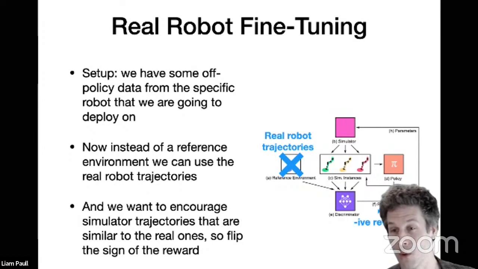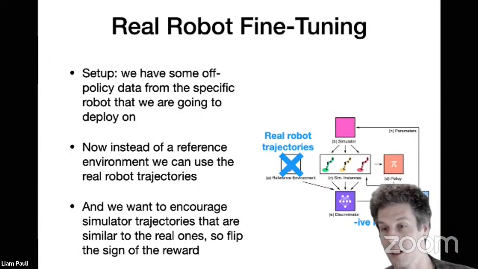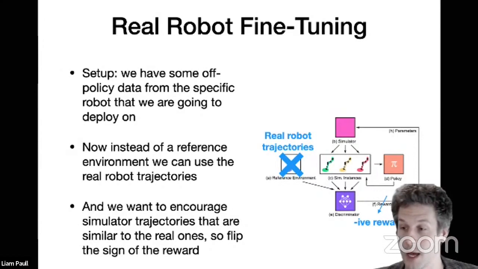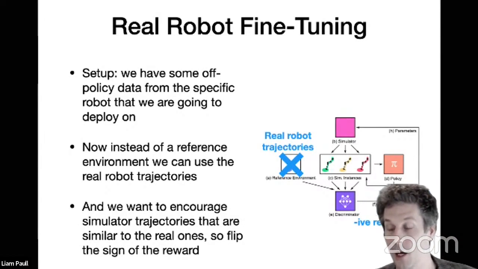So now what we want is for the discriminator to not be able to distinguish between the trajectories executed by the policy and the ones created by the real robot. In this way, just like last time, we have a method that we can use to fine-tune the policy with off-policy real robot data.